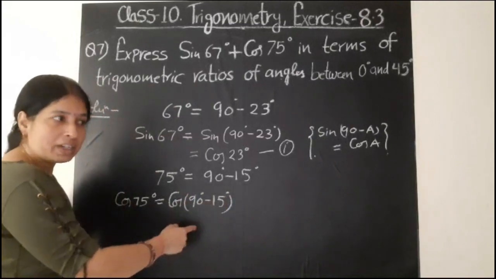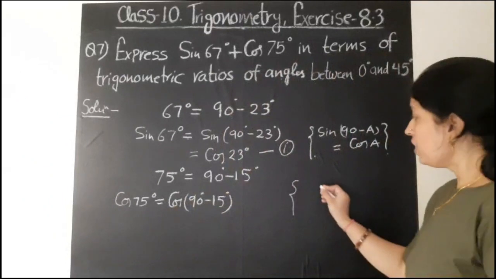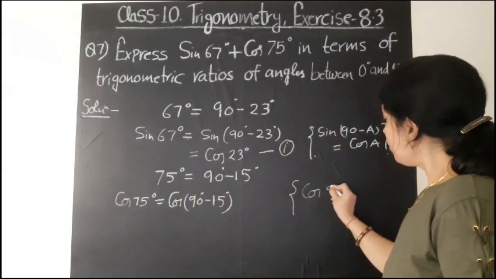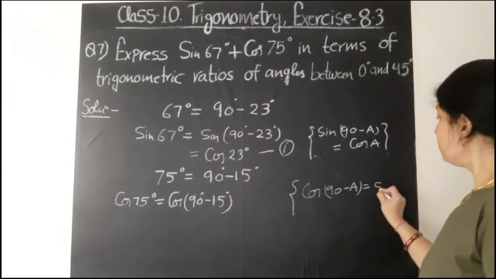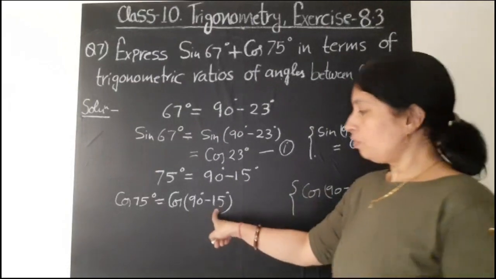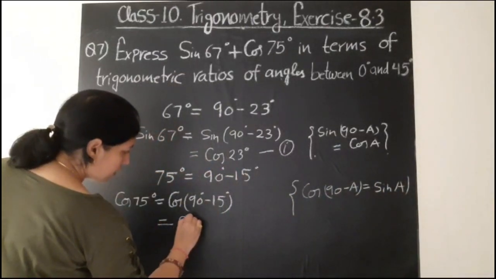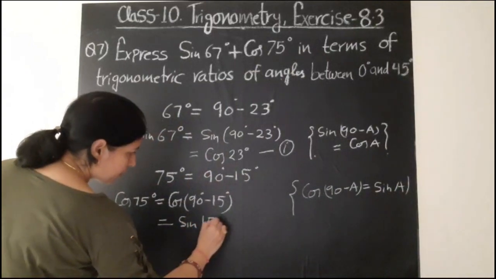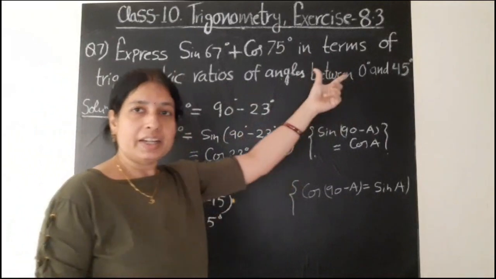What is cos 90 minus A? Yes, cos 90 minus A is equal to sin A. Here A is equal to 15 degree. So it will come sin 15 degree. 15 is also less than 45 and greater than 0.